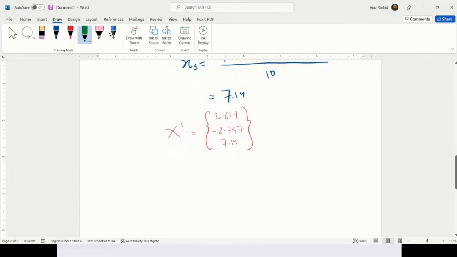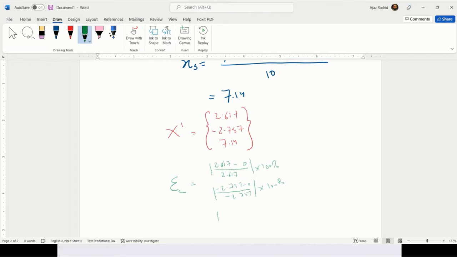I can find the errors after the first iteration. It's going to be the absolute value of 2.617, that's for x1, minus 0 over 2.617 into 100%. For x2 it will be minus 2.757 minus 0 over minus 2.757 into 100%.